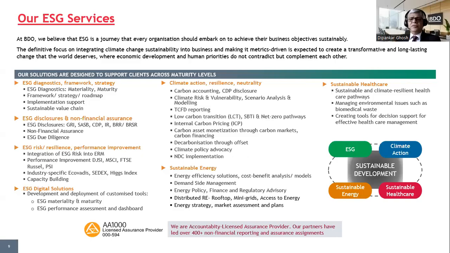Now, if you see on the screen, you can see the solutions which we provide to organizations across geographies and across maturity levels. But I draw your attention to the diagram on the right-hand side. If you look at the elements of sustainable development: ESG, climate action, sustainable energy, sustainable healthcare.